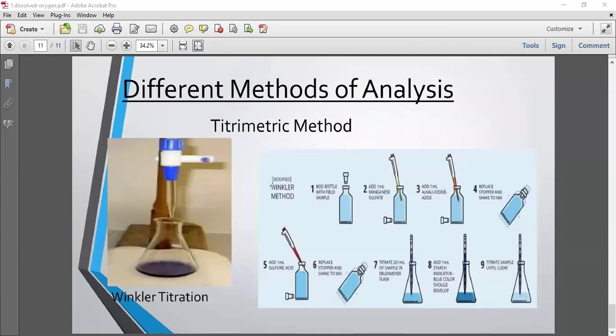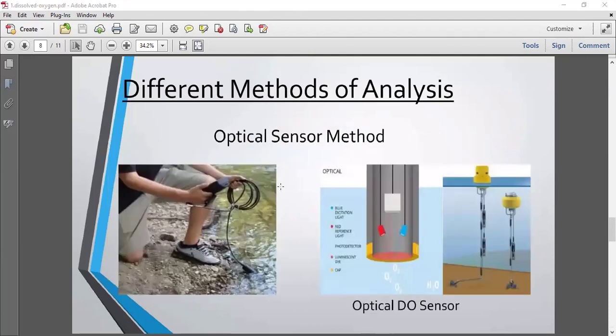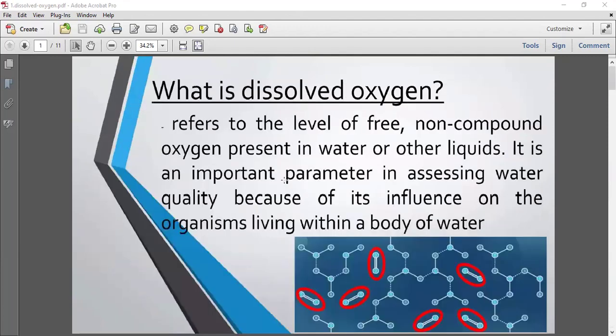Previously we saw this one, the Winkler method, with the BOD bottle and the Winkler titration. So these are some of the important points. Finally, you can write now.